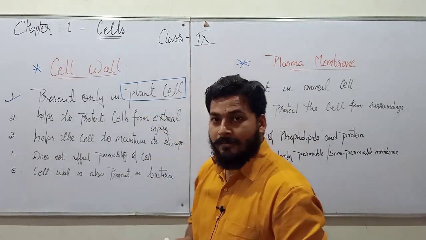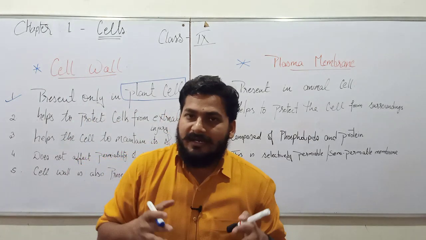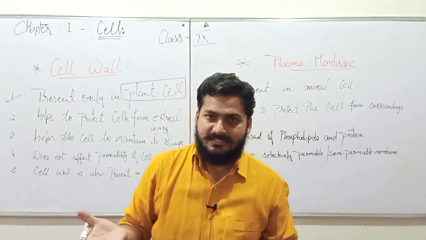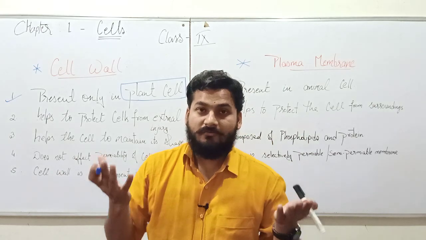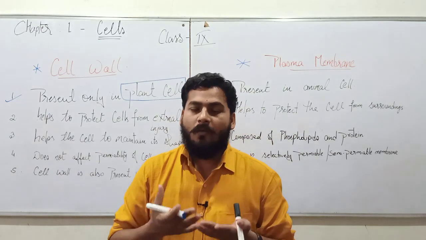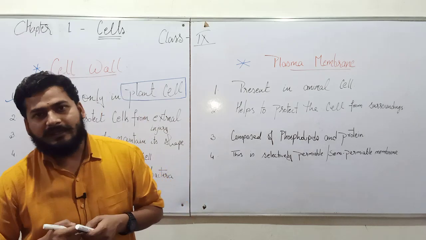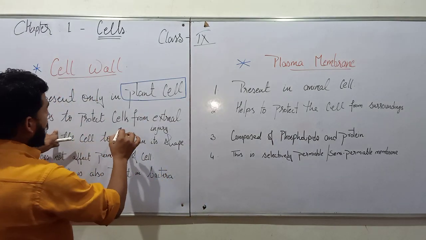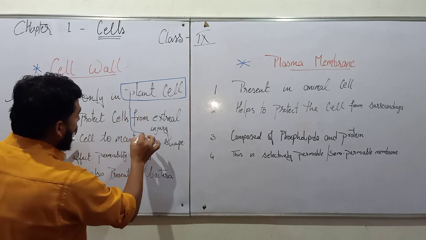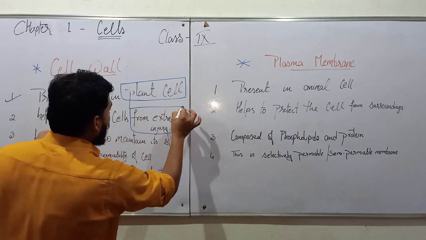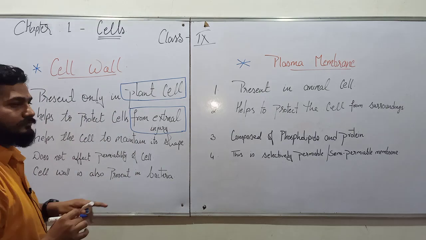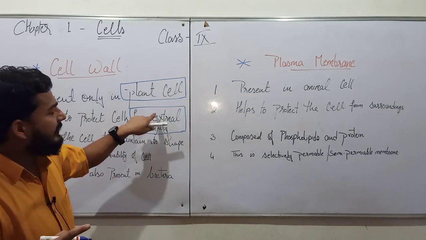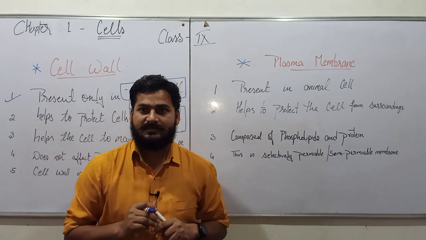A wall protects the inner lying material from external injuries, shocks, waves, or anything which can harm the inner components. So cell wall's function is to protect the cell from external injuries.